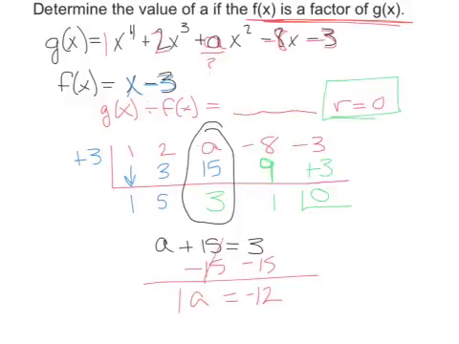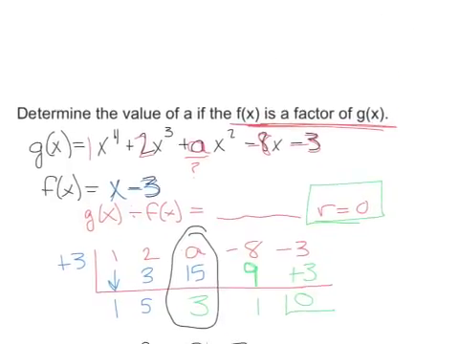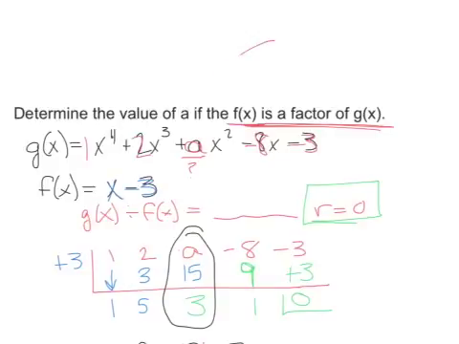So this was the value A that if I plug it in right here, I know that f of x is now a factor of g of x. So I have found the A value, negative 12.